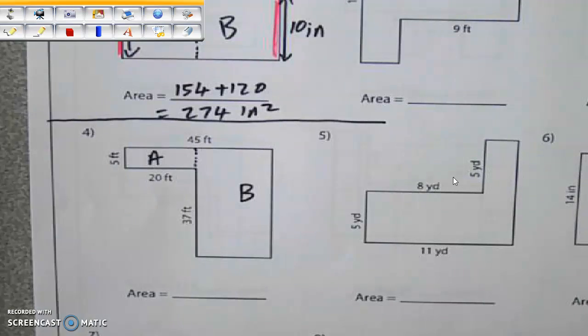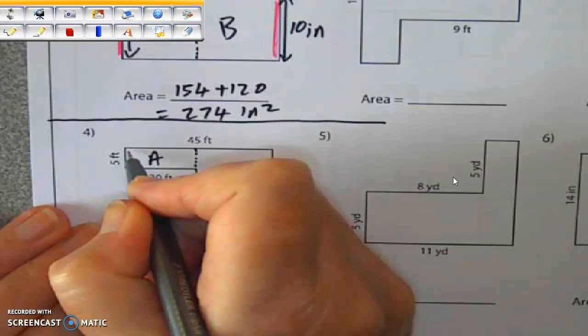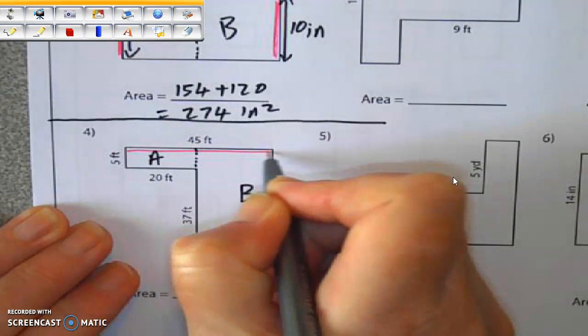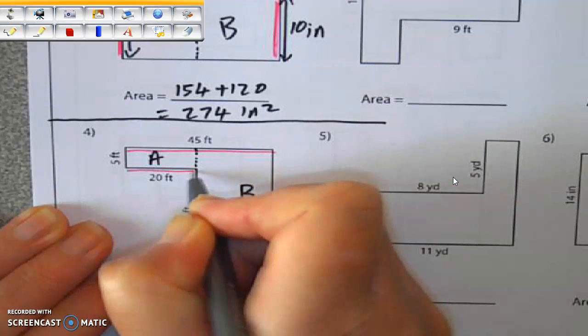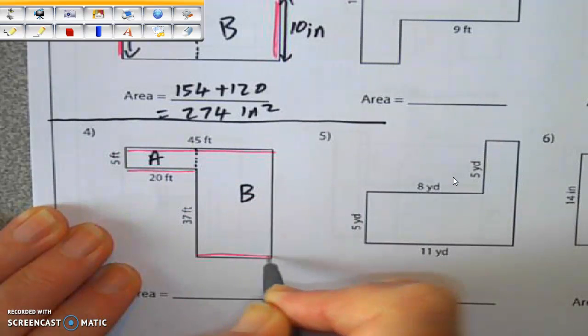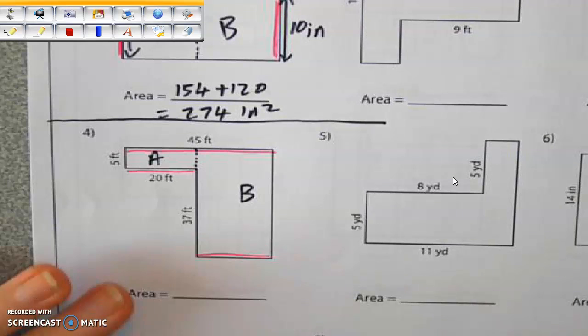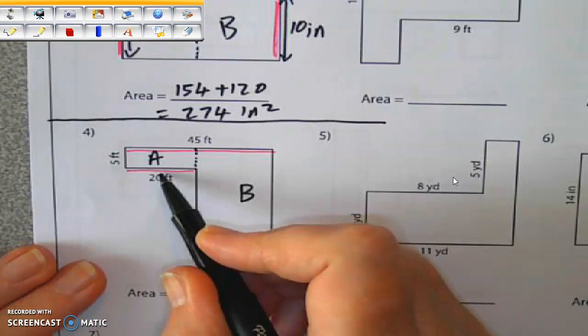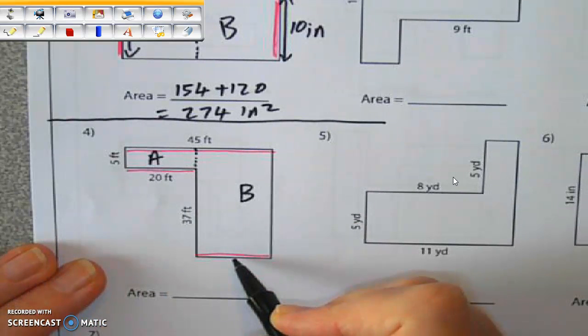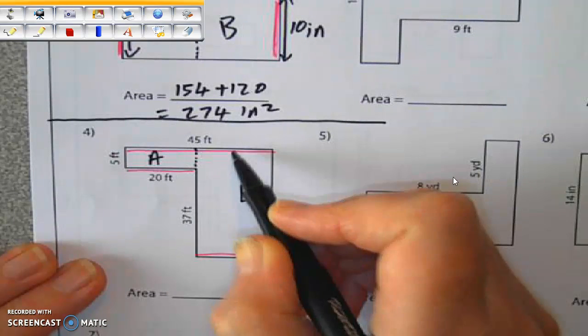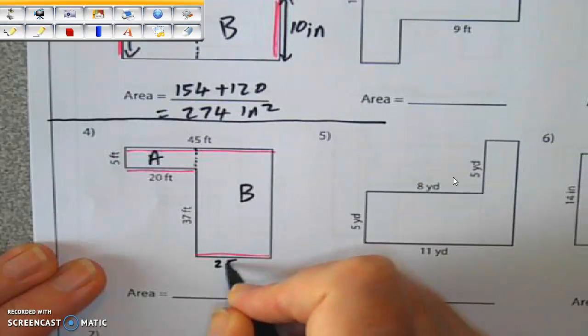So let's look at what we know. We know the 45 and we know the 20. So 20 plus something is going to give us 45. So 20 plus this guy, together they make the 45. So this has got to be 25.